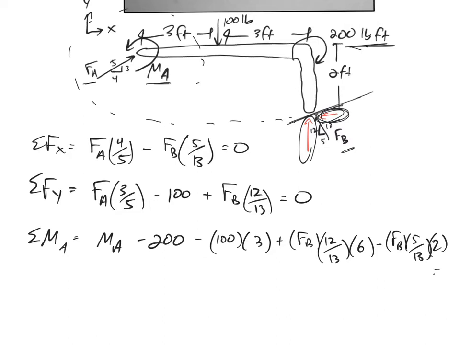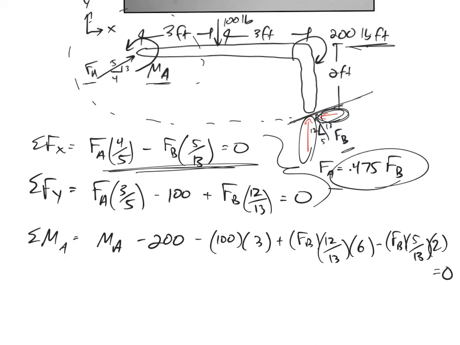All right, so I set all these equal to 0, and I don't have one equation that only has 1 unknown, but up here I have 2 equations with 2 unknowns, so maybe write one in terms of the other. This top equation, I could write FA is equal to 0.475 FB, and then I could plug that in for FA right here, and then I could solve for FB.